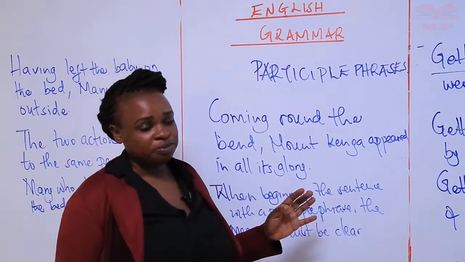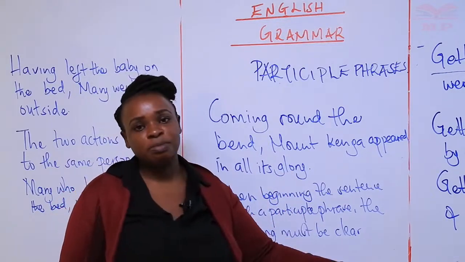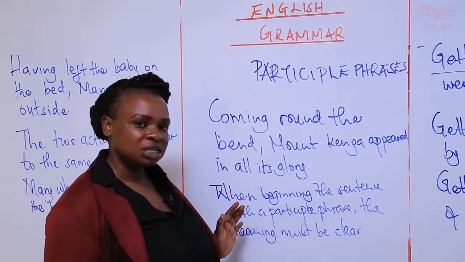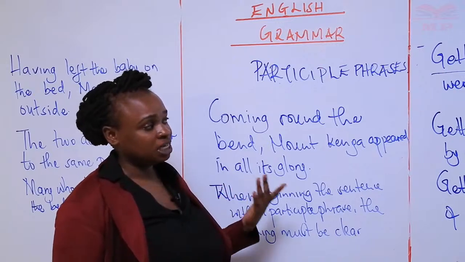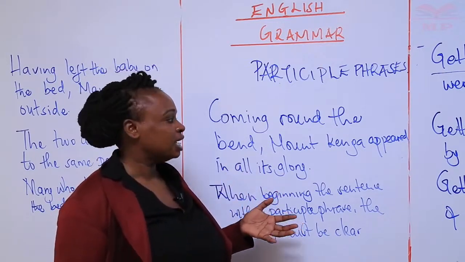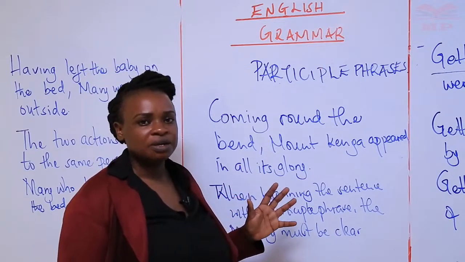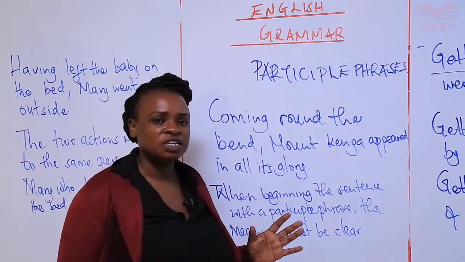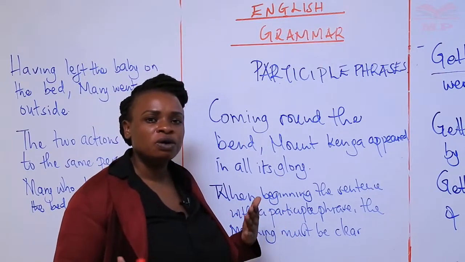In the past participle phrase, the action in the participle phrase happens before the action in the main phrase. Another difference is that in the present participle phrase, the sentence begins with a present participle, and in the past participle phrase, it begins with a past participle. We've also said that we should be careful with dangling participle phrases, such that the two actions must refer to the same person, and the meaning must be clear.